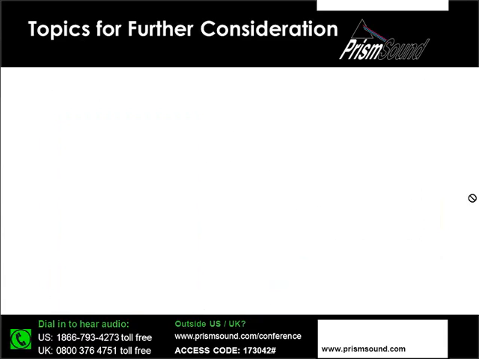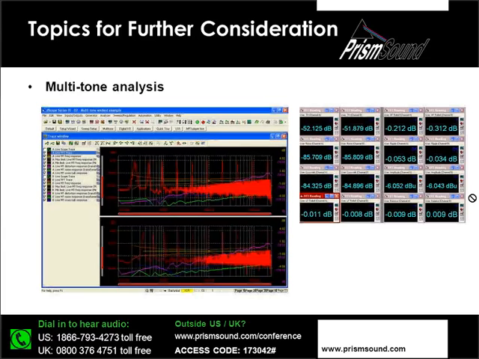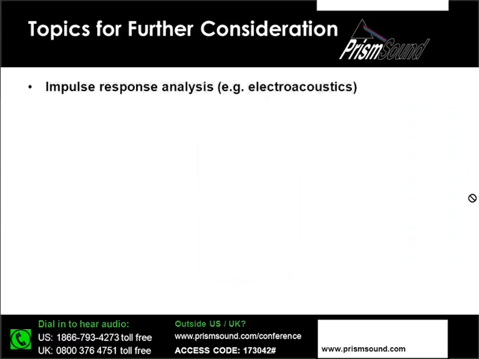So developing the idea of the FFT then, well, that goes beyond the scope of what I'm going to discuss today, but one example is multitone analysis, which relies very heavily on FFT processing to give us not just individual sinusoidal results, but we play a number of tones at the same time to give us things like harmonic and intermodulation distortion as a function of frequency, crosstalk as a function of frequency, frequency response, all of this from a single FFT capture.